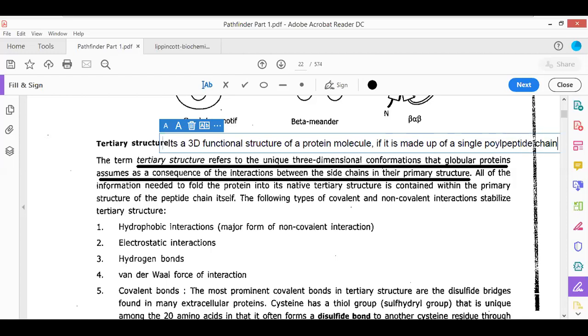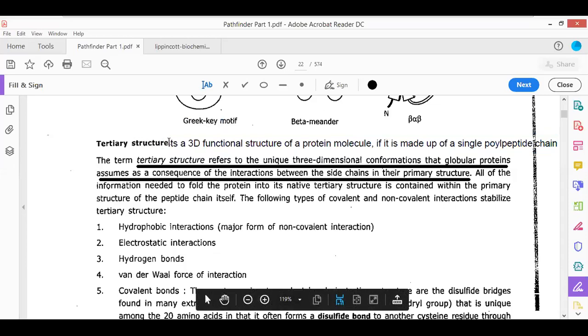So if the protein is made up of a single polypeptide chain, then the finalized structure is referred to as the tertiary structure. Now, can you name any protein that is made up of just a single polypeptide chain? Myoglobin is a protein.